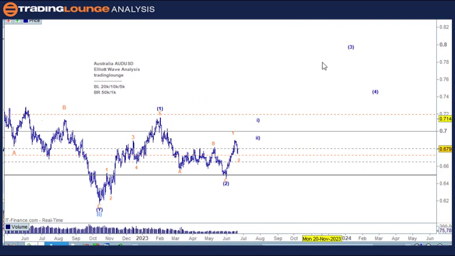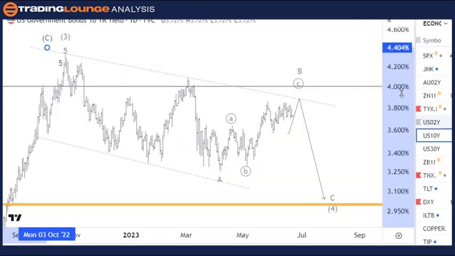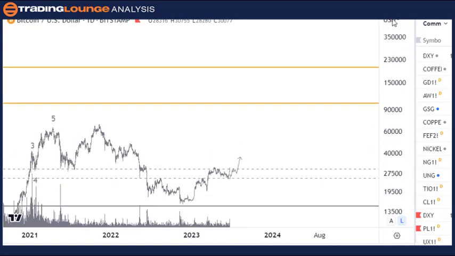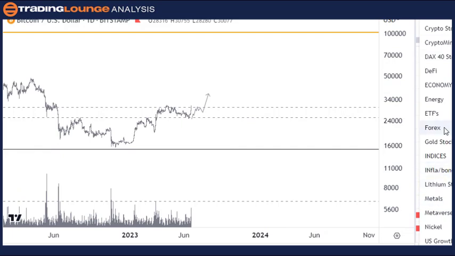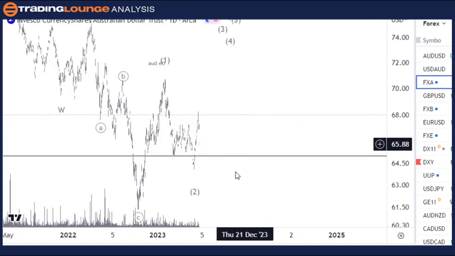So what we've been looking at, if I can just bring up a chart here, this is little Bitcoin making its break now. What I do want to have a look at is the ETF for the Australian dollar, which is under the Forex here, FXA.